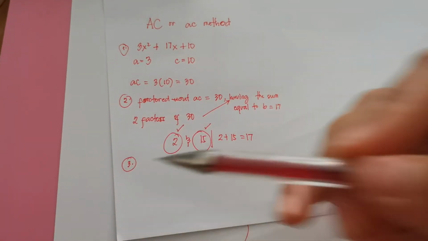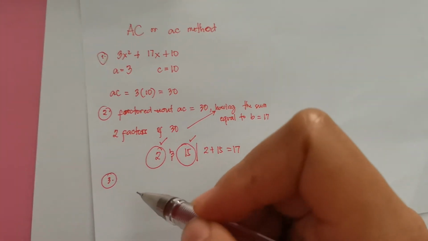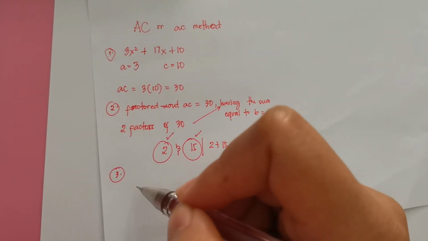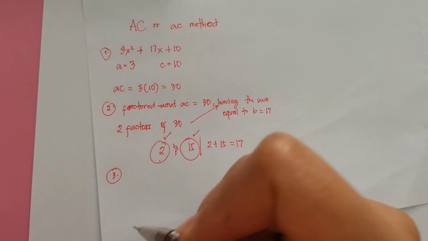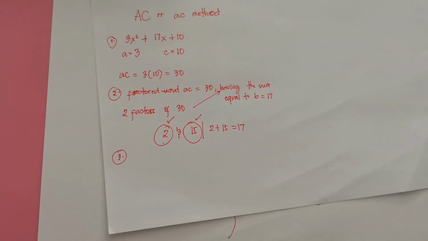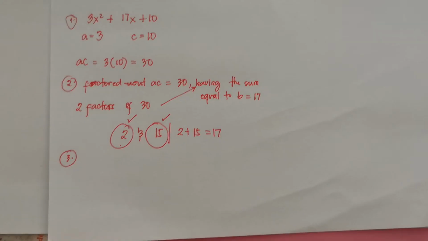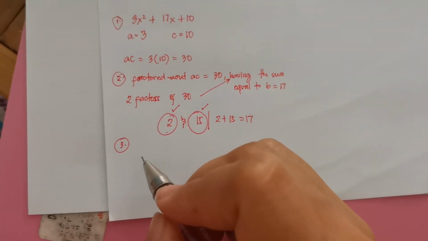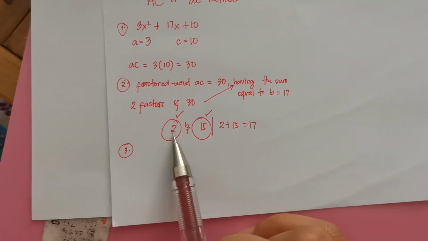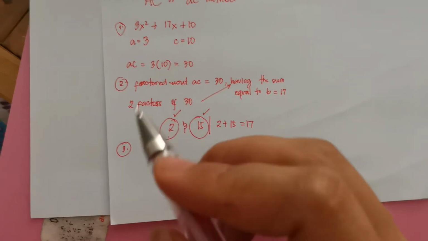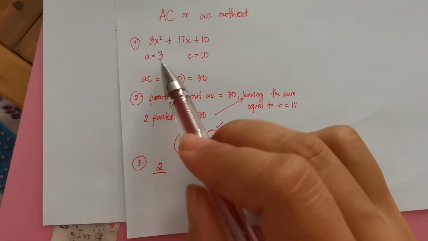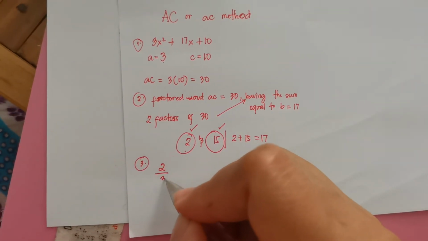Okay, let's proceed to number 3. What to do? So, you're going to apply this factor over A. Okay, balik na si ma'am. Number 3. All you have to do is to make use of this number, ang nakita ta sa step number 2, as our numerator over A. That's it.